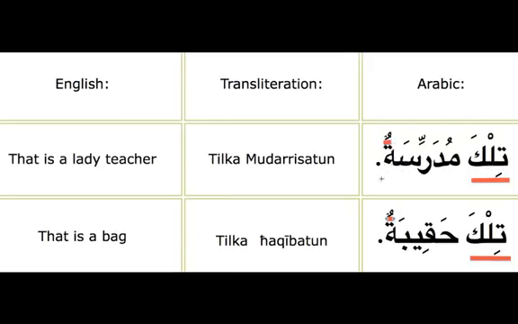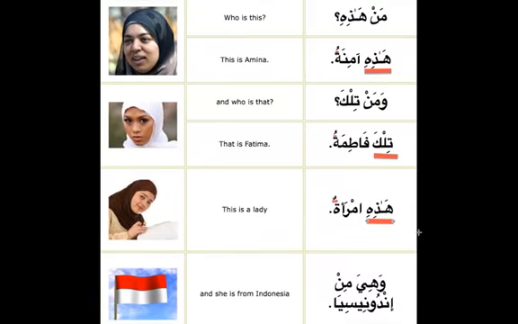So they have to match, inshallah. So we'll go tilka haqibatun. It can be female or it can be a feminine object. Haqiba is bag. So tilka haqibatun. So it is used for both human beings and for objects.